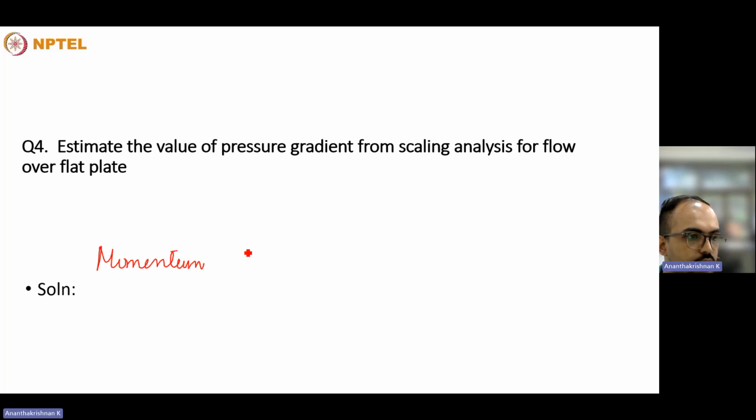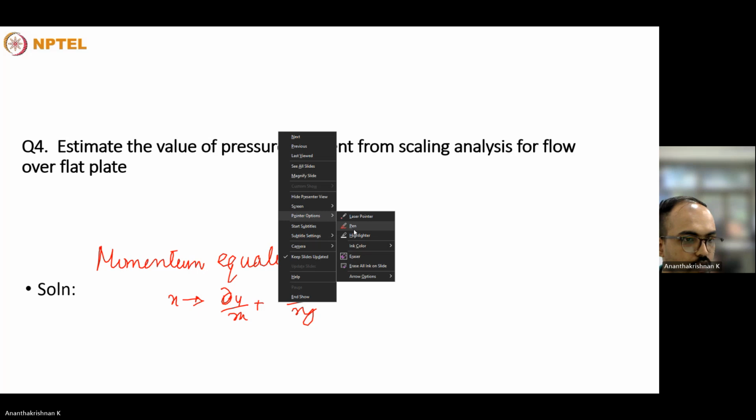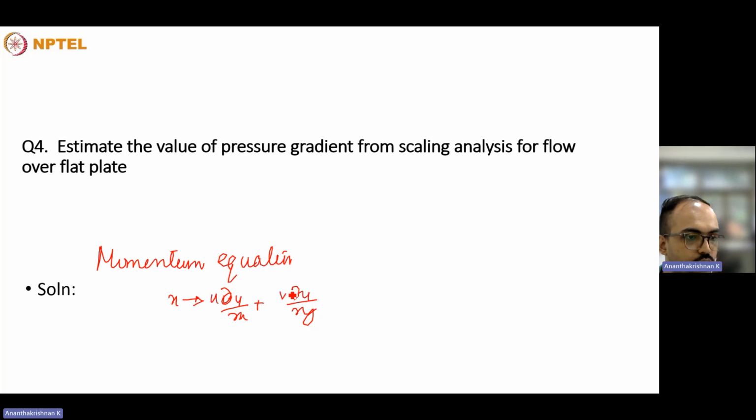The momentum equation in the x direction will be u ∂u/∂x plus v ∂u/∂y is equal to minus 1 by rho ∂p/∂x plus mu into (∂²u/∂x² plus ∂²u/∂y²).